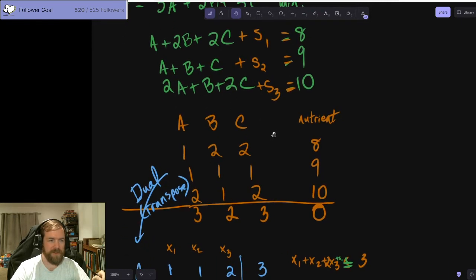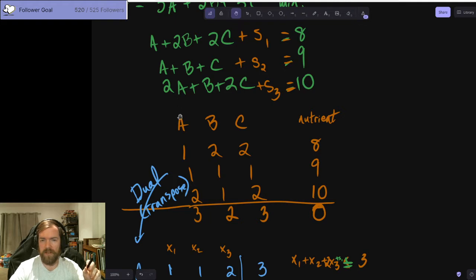What we have to do is create this particular setup. Again, our slack variables are going to be the things that turn our inequalities into equalities, and we can find out what values those have as we go on. So the first thing we do with a minimization problem is to turn it into a maximization problem on slightly different variables.